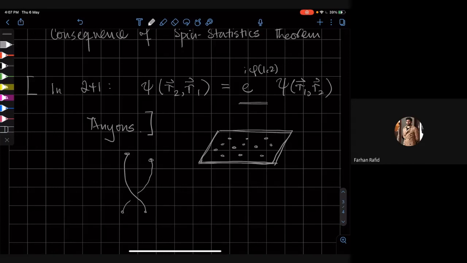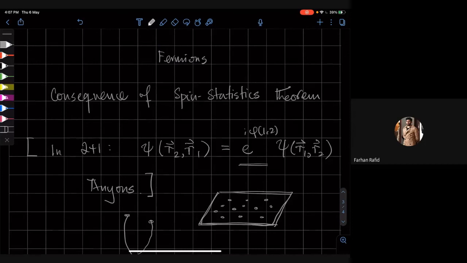Sir, are anyons a totally new type of particle, or are existing fermions and bosons some kind of anyons? Well, they are boring types of anyons where this phase is just either +1 or -1, right? Bosons and fermions. But in 2+1 dimensions, because we live in a 3+1 dimensional world, anyons are not fundamental particles.